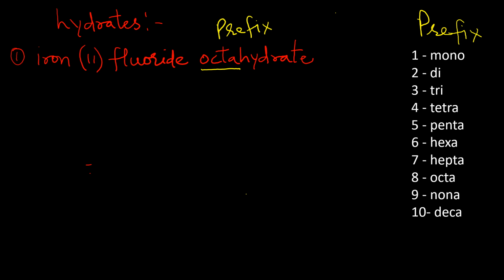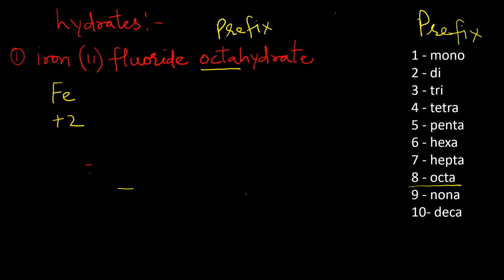Octa means 8, as in the list we need to use for the prefixes. That means there are 8 water molecules attached to this iron 2 fluoride. Iron 2 fluoride is no big deal now, because as we have already discussed, it is just a normal ionic compound. Iron, you look from the table, 2 valency.